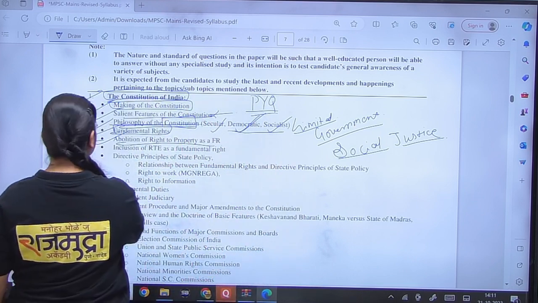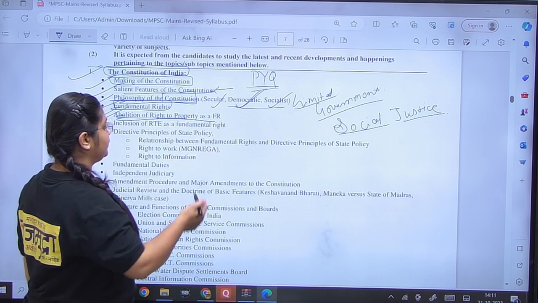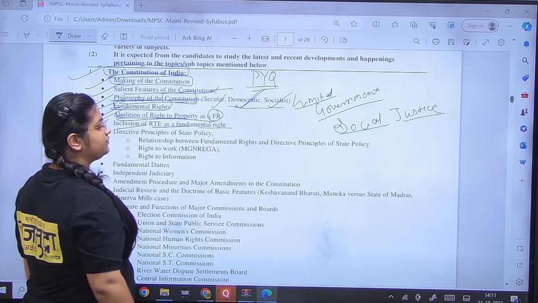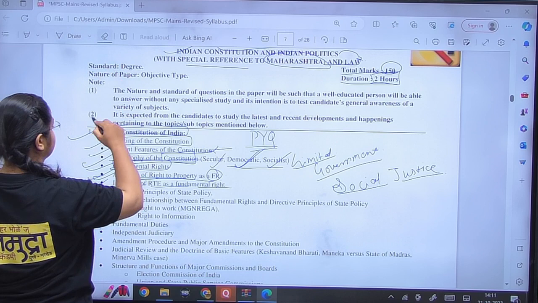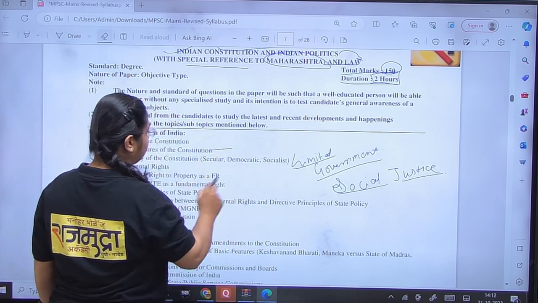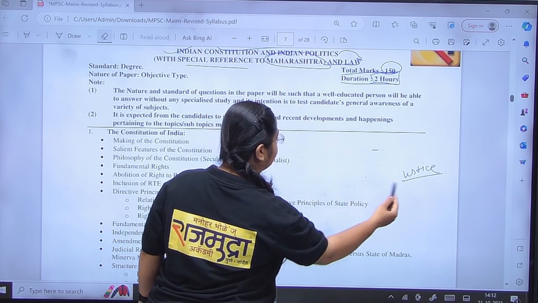So the first thing in the syllabus is the abolition of the right to property as a fundamental right, then the inclusion of RTE as a fundamental right, that is, the right to education. We have made the right to education our fundamental right, so we need to study about that, and we will study it thoroughly.